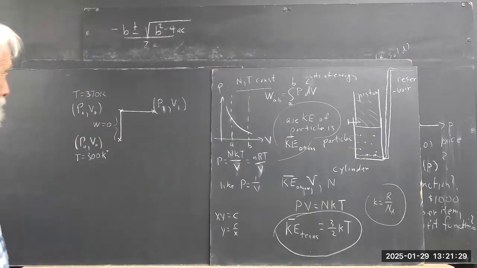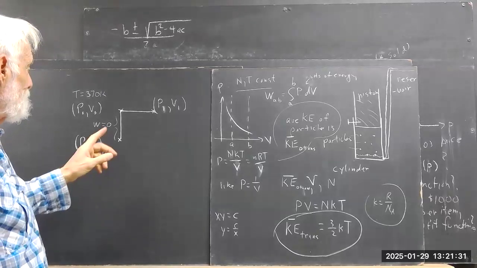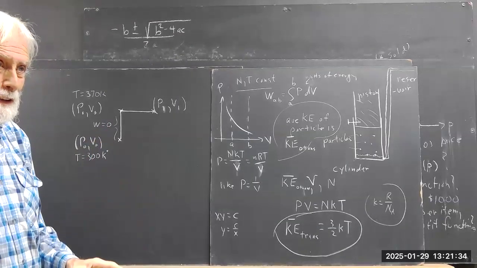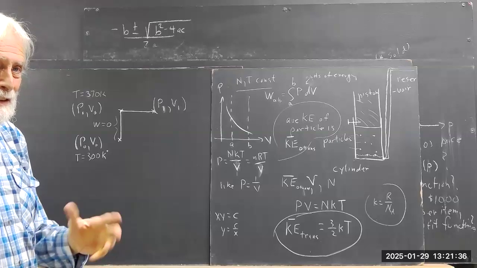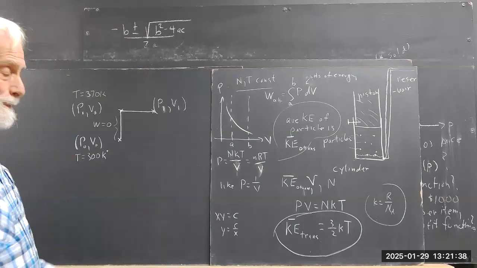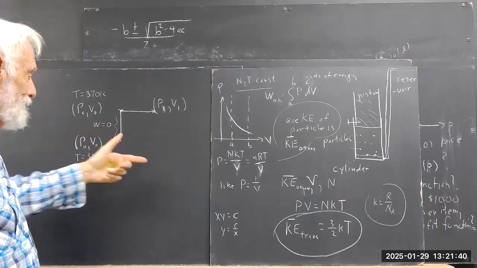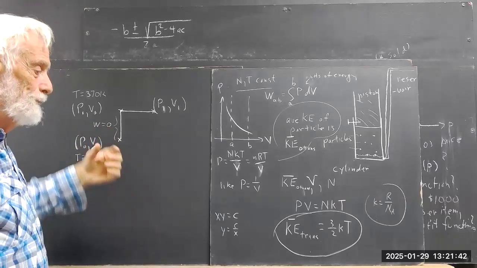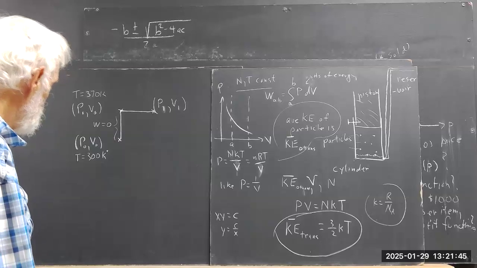The integral from A to A of P dV would be 0. This coordinate isn't changing, so it's a trivial integral.